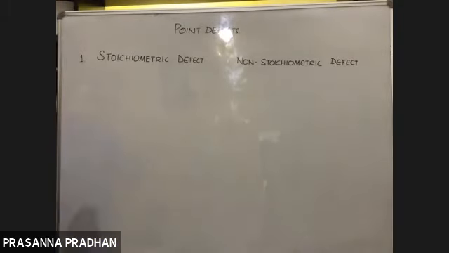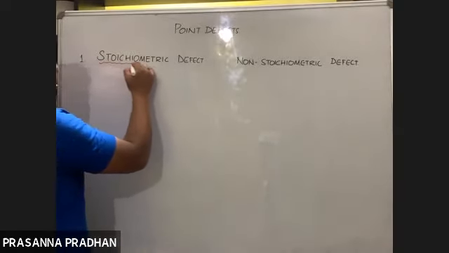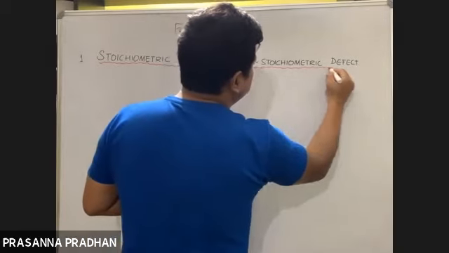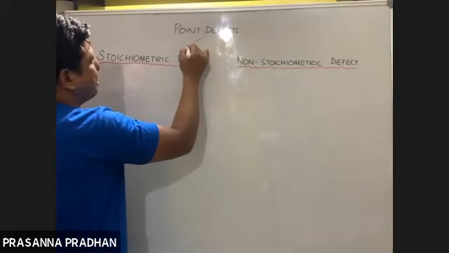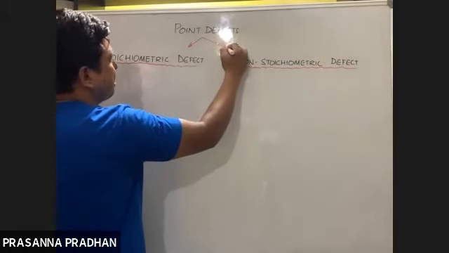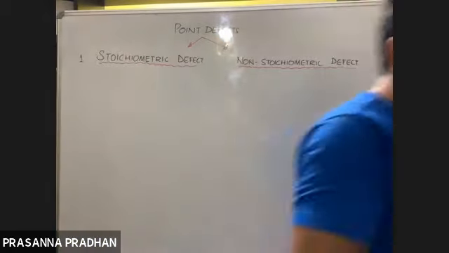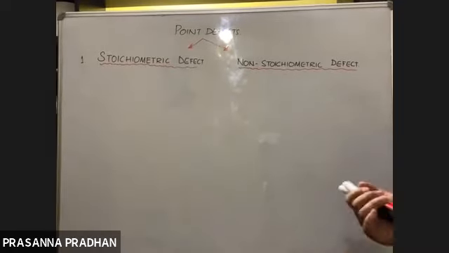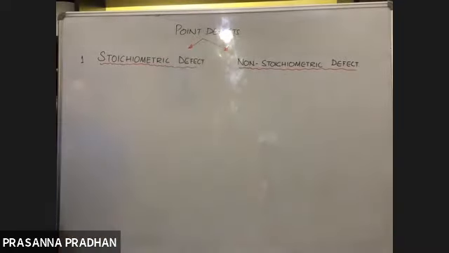I'll explain it diagrammatically. You can ask me lots of questions here, so if you have any questions, please do ask. Point defects, as I told you, can be classified into two types: stoichiometric and non-stoichiometric point defects. I'll draw one diagram.